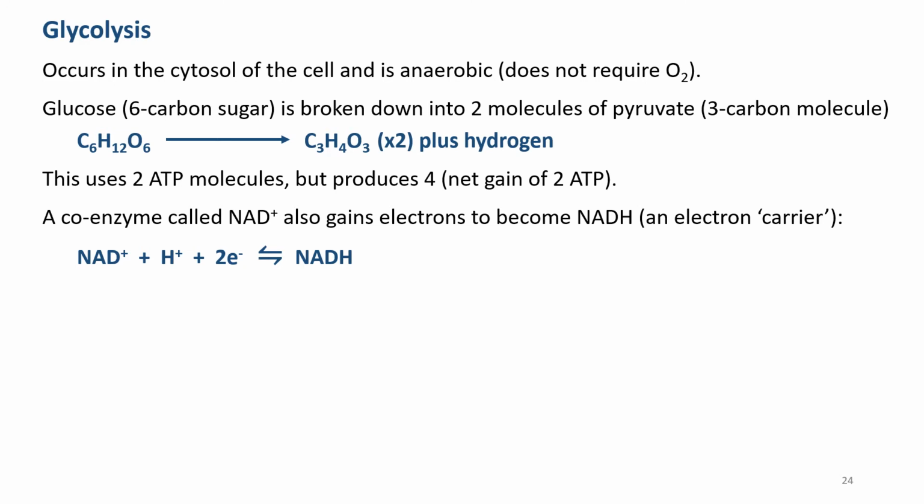I'm not asking you to remember the full name of that. So NAD plus H plus 2 electrons. So if you notice there, in NAD we've got 1 plus, in the H plus we've got 1 plus, so we're able to carry 2 electrons to make that neutral. NADH being neutral, it has neither a plus nor a minus.